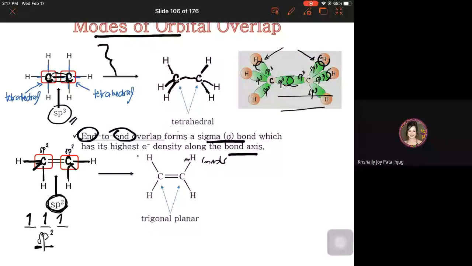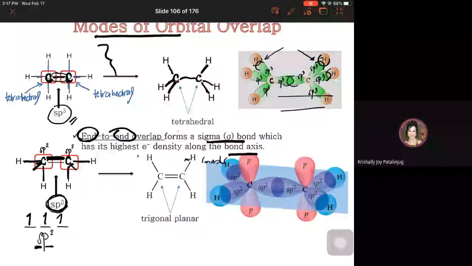Now, nasaan ngayon yung isa pang sp2 orbital for each carbon? Yung isa pang sp2 orbital nila nag-overlap end-to-end. Again, yung pang-third na sp2 orbital for each of that central carbon forms another sigma bond with the other carbon.